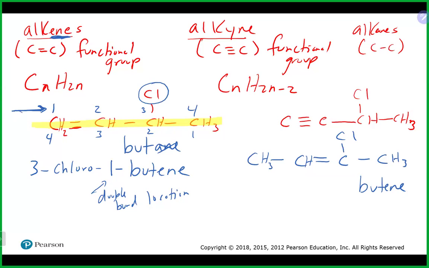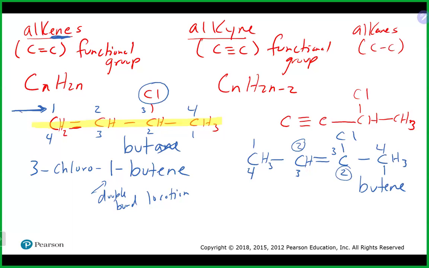Now, if I number left to right, my double bond starts at carbon number 2. If I number right to left, my double bond starts at carbon number 2. It doesn't matter which way I go for the double bond. They're both at carbon number 2.